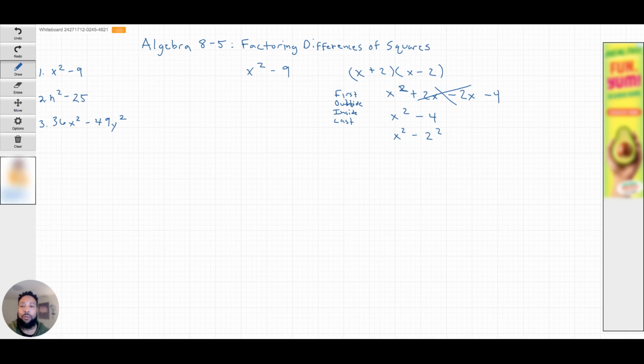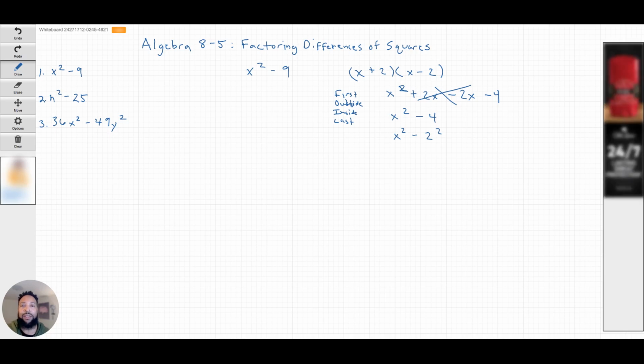So now we could go back and look at x squared minus 9. Well, based off of this previous example, we automatically know, using our FOIL method, that the answer is going to be x plus 3, x minus 3. So first we'll have x times x, which is x squared.